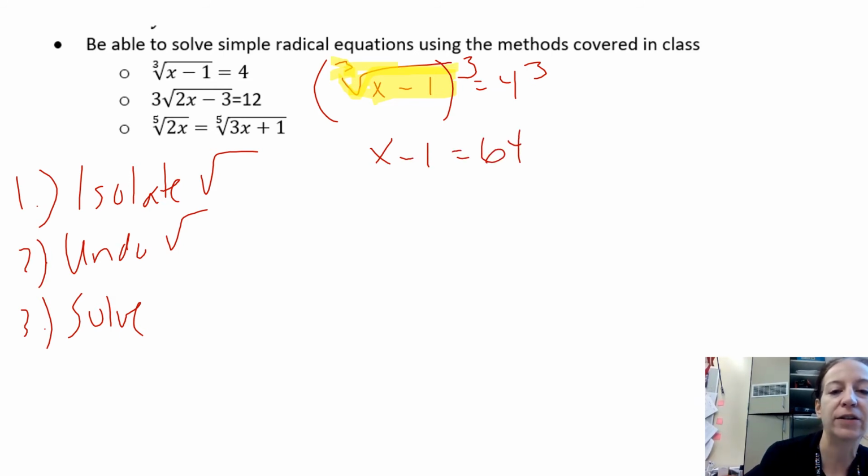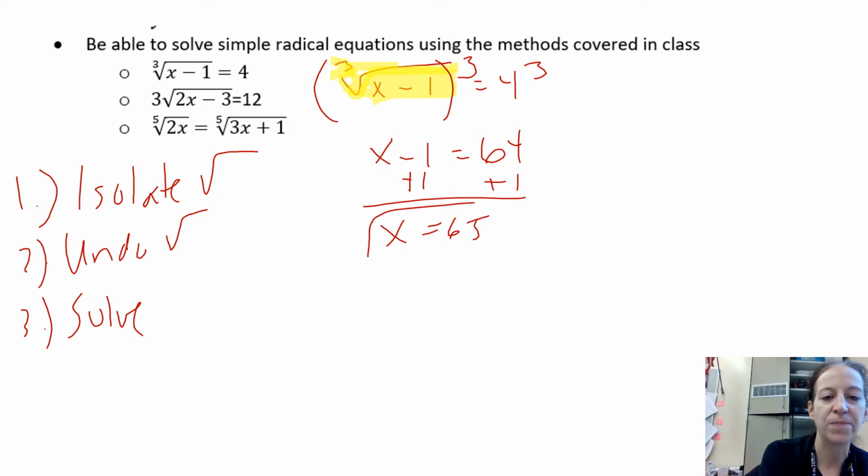And then you can use your calculator, which I encourage you to get for this, to cube the 4. You should not be doing anything else with the radicand. You shouldn't have x cubed or anything. The cubing is undoing the cube rooting so that you can get at what's underneath. And then in this case, we will add 1 to both sides. So x is equal to 65.